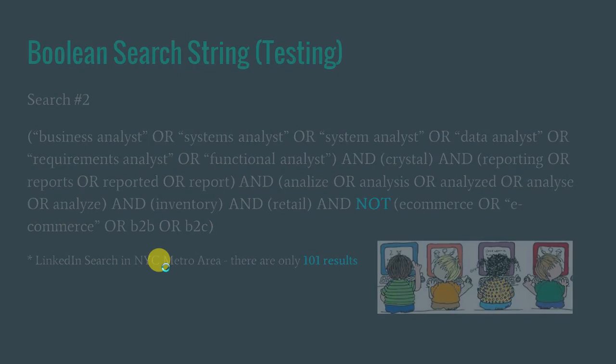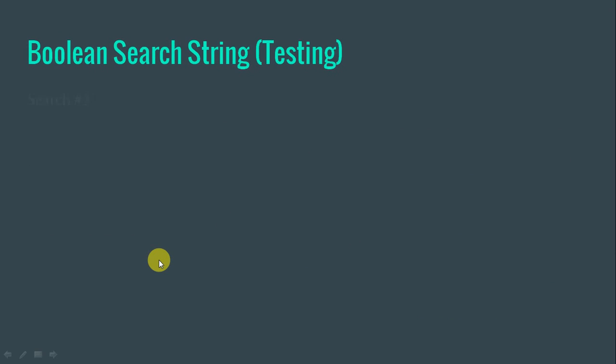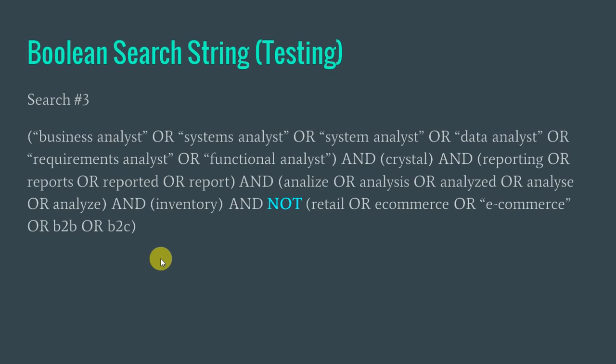And then search string number 3 excludes retail, e-commerce, and the rest of the terms. Thus it gives like 447 results, which is kind of too broad.